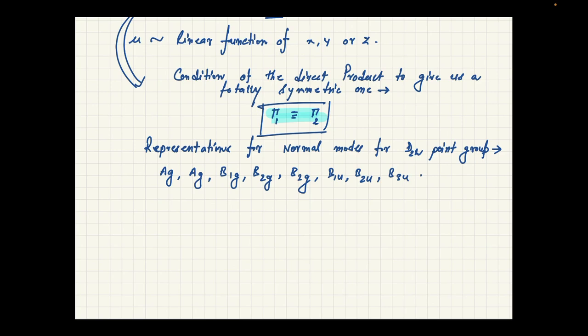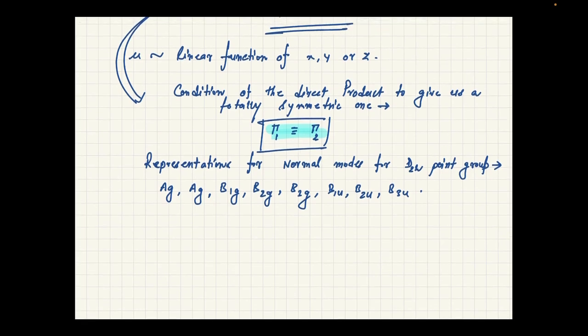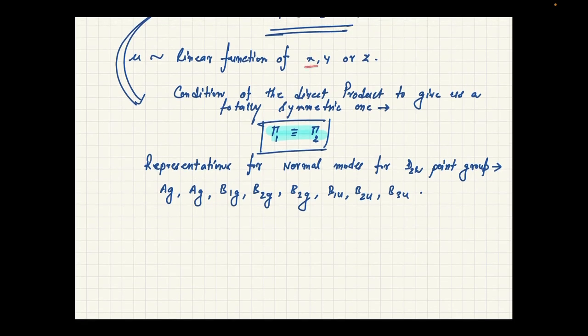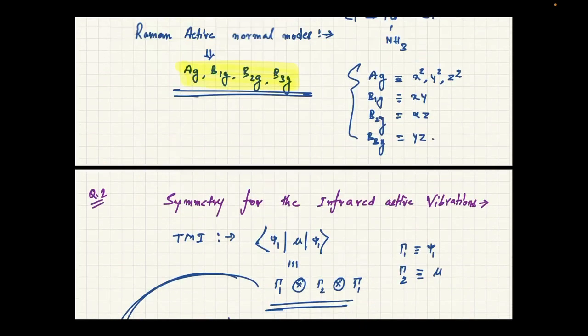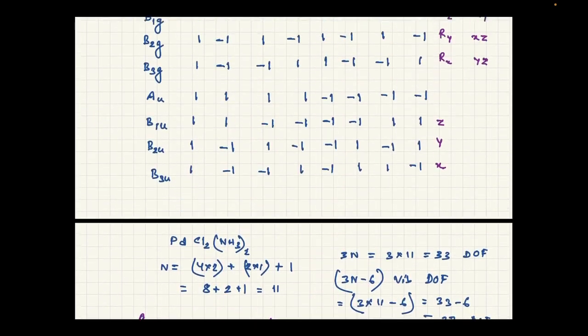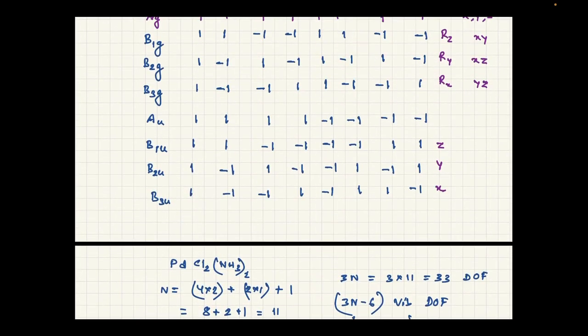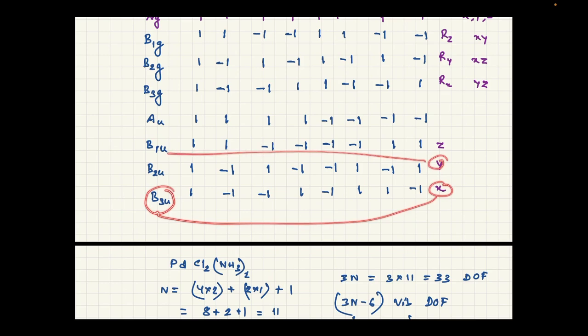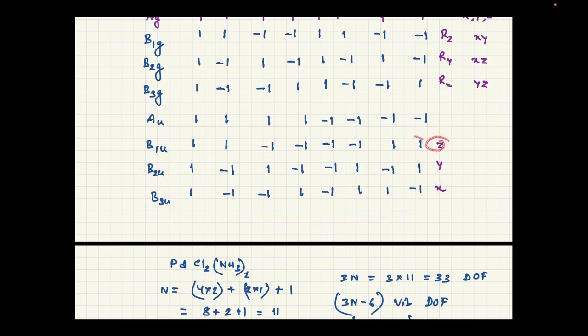Now out of these normal modes we have to find from the character table which irreducible representations the linear functions x, y and z represent. From the character table you can see that the x function acts as a basis for the B3U irreducible representation, y is a basis for B2U, and z is a basis for B1U.